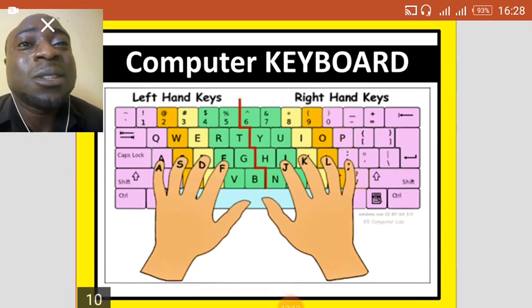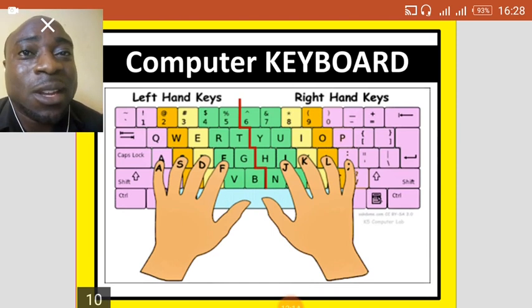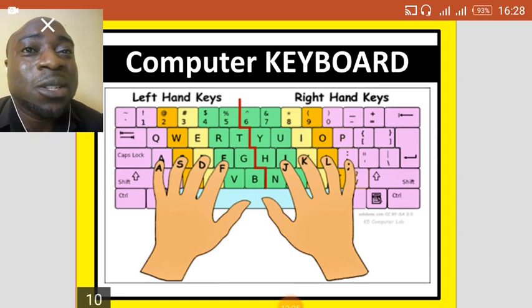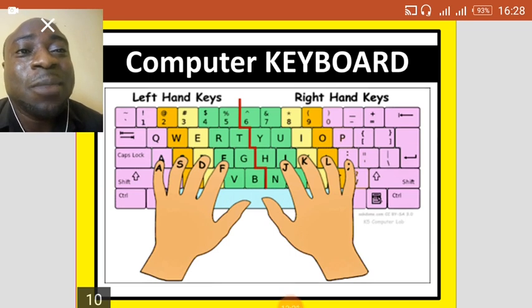So that is what we are here to learn today. I believe you enjoyed the class, and I believe after today you already know how to position your fingers. And if you have a keyboard at home, you can use it to learn how to position your fingers and type. If you practice over some period of time, you will be able to type faster than before.